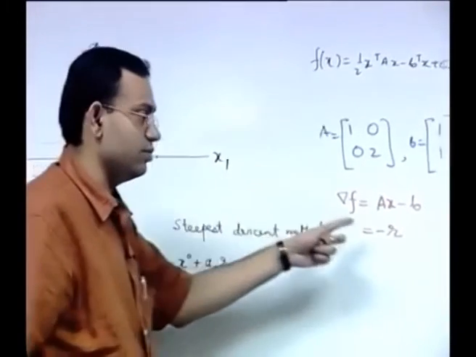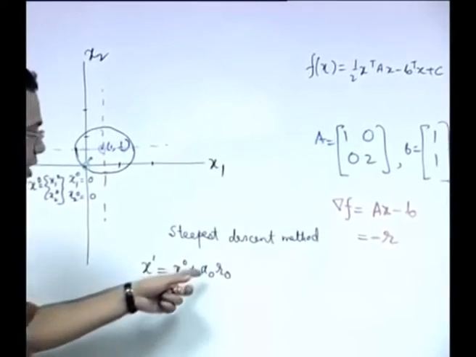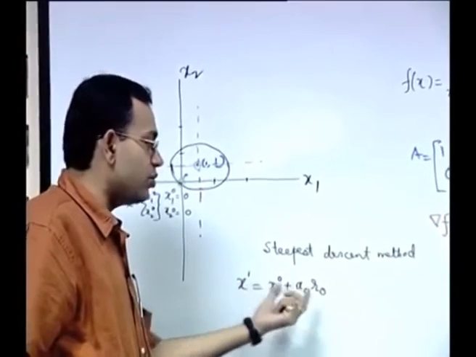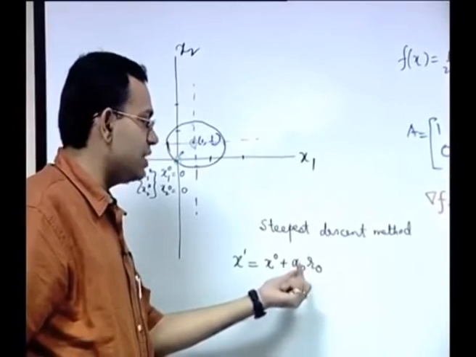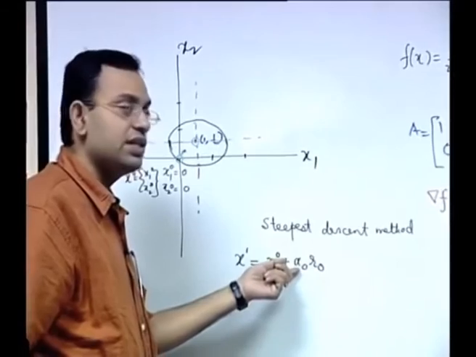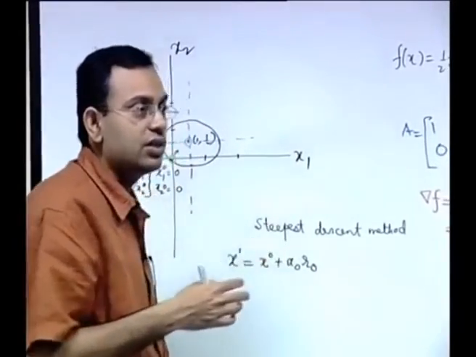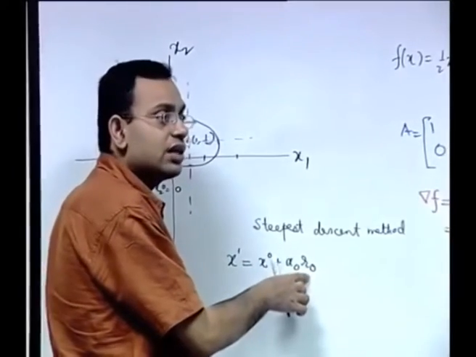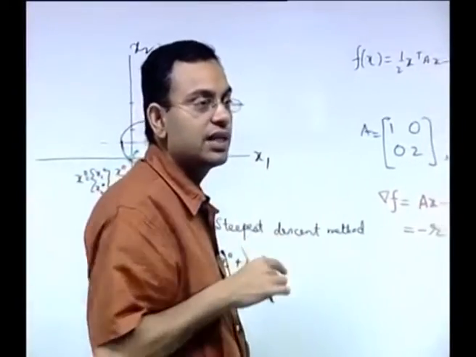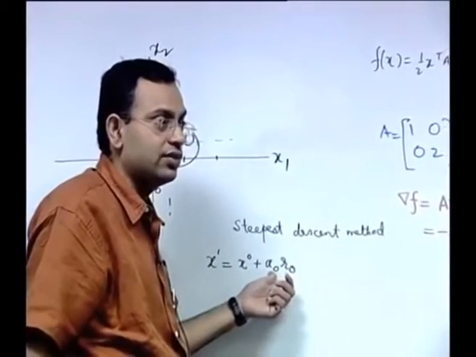So x1 minus x0 is a vector which is oriented along r0 and which has the magnitude governed by the coefficient alpha 0. So you have to find out what is alpha 0. What does r0 tell? r0 tells the direction in which you are moving, that is the gradient of f at x0. How much you are going to move along that direction will be given by alpha 0.